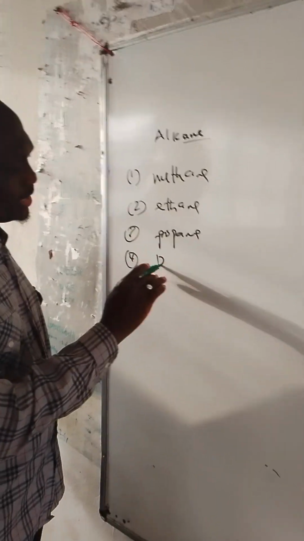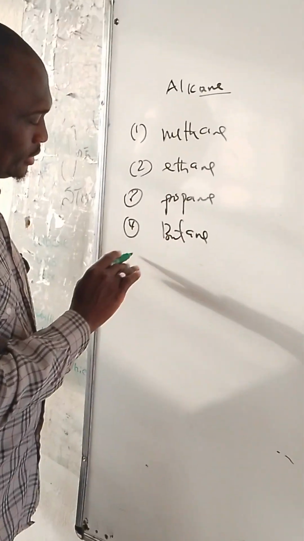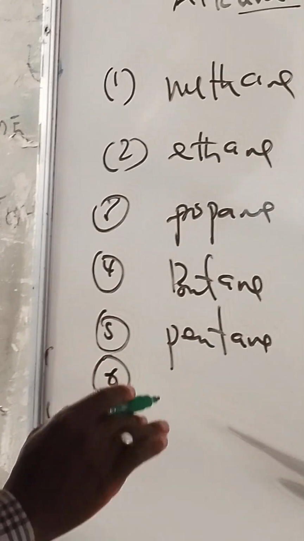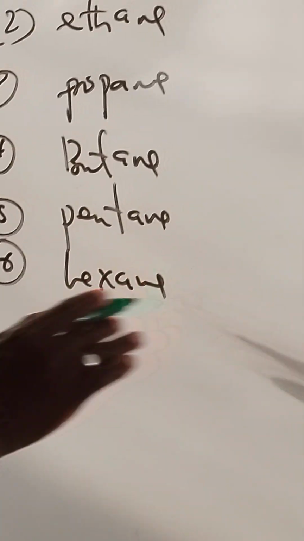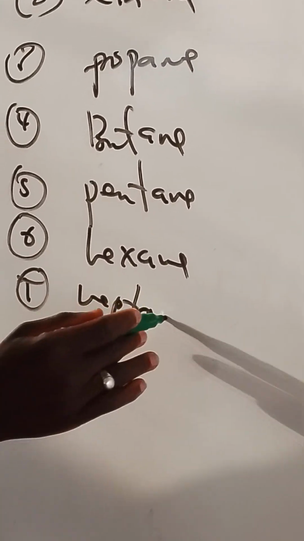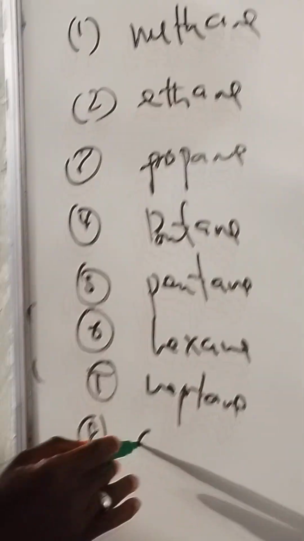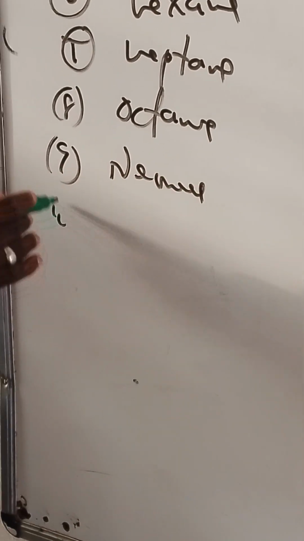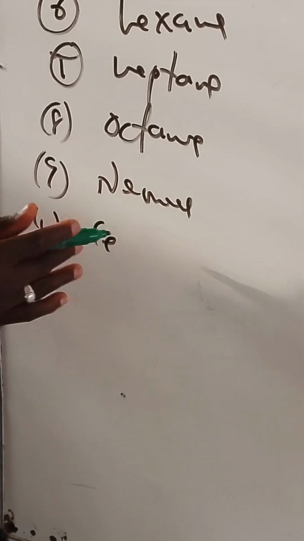The fourth member is butane. The fifth member is pentane. The sixth member is hexane. The seventh member is heptane. The eighth member is octane. The ninth member is nonane. And the 10th member is what we call decane.